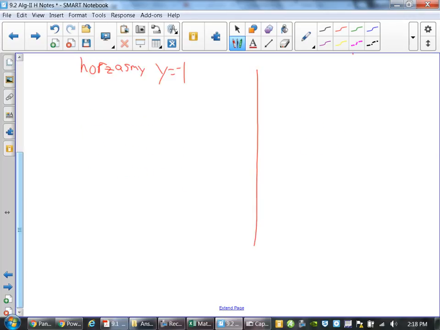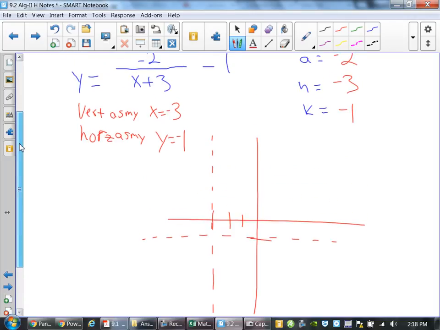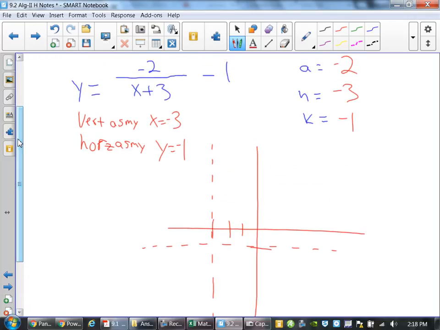We put in our asymptotes. They were at negative 3 and negative 1. We know that right away. What we don't know is what the curves are doing. So we need to pick points. And we're going to do this stuff as a mental exercise.